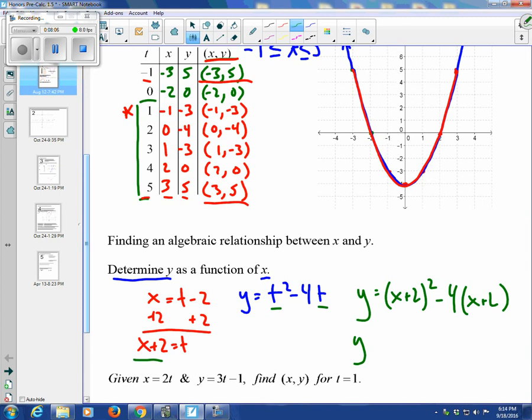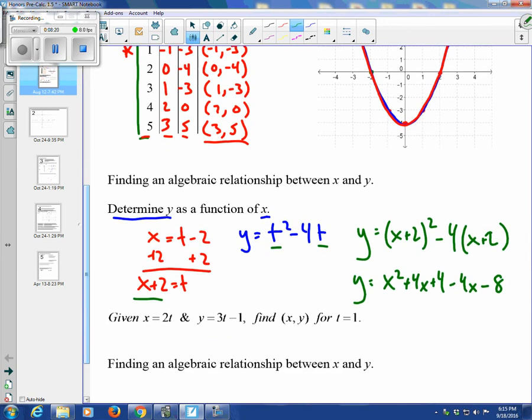Simplifying this, we can get x squared plus 4x plus 4 minus 4x, and then minus 8. And if we combine like terms, we're going to end up with y equals just our x squared when our positive 4x and negative 4x cancel.